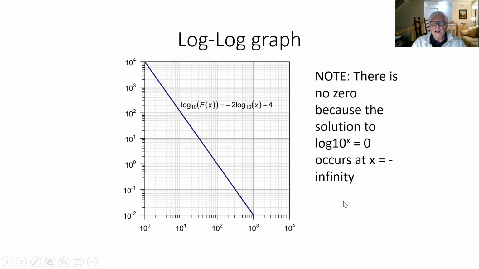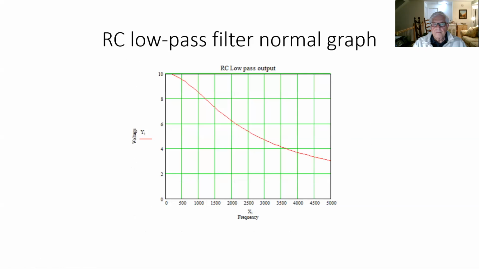If we plot a graph, for example log to the base 10 of f(x) equals minus 2 log to the base 10 of x plus 4, we get a straight line on a log-log scale. There's no 0 because x has to be minus infinity for that to work out.